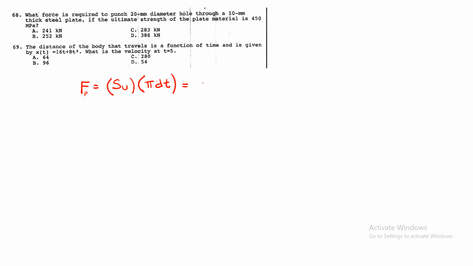So ultimate stress natin is 450 megapascal times pi times diameter na 20 times thickness na 10. So makukuha natin dyan is 283,000 Newton or 283 kilonewton. The answer is letter C.